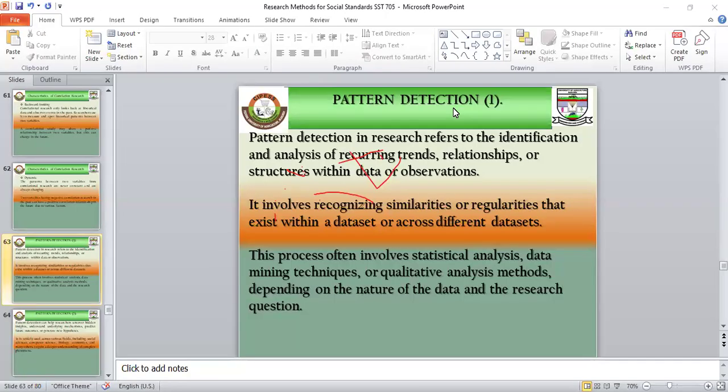For instance, if you look at variables like inflation, interest rate, and exchange rate, they have a pattern, a trend where all of them increase together. Inflation is high, interest rate is high, exchange rate is what?